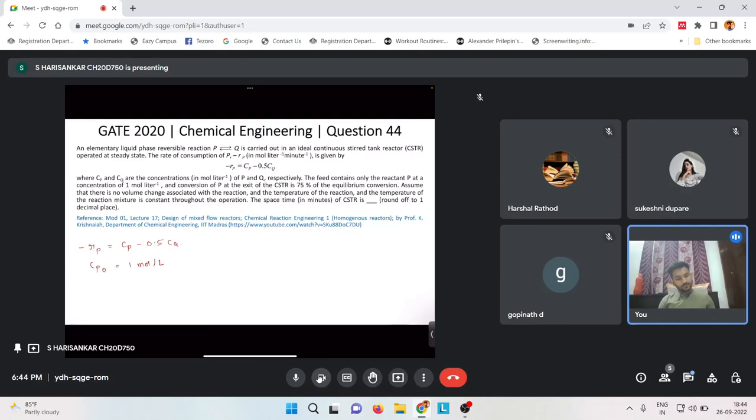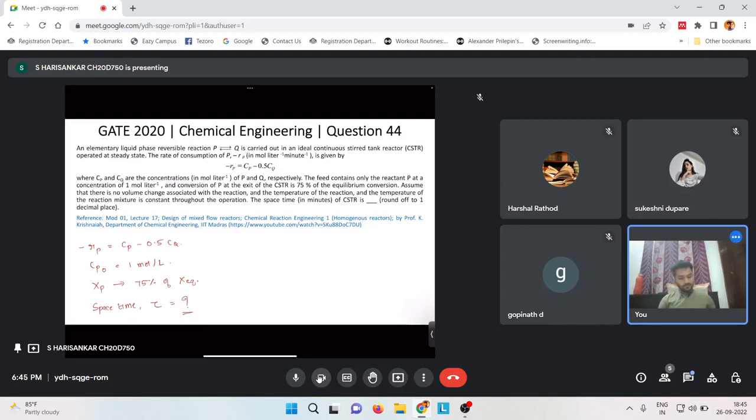Also they have given that the conversion of P, Xp, is 75% of the equilibrium conversion X_EQ. Now what we need to find here is the space time, tau.